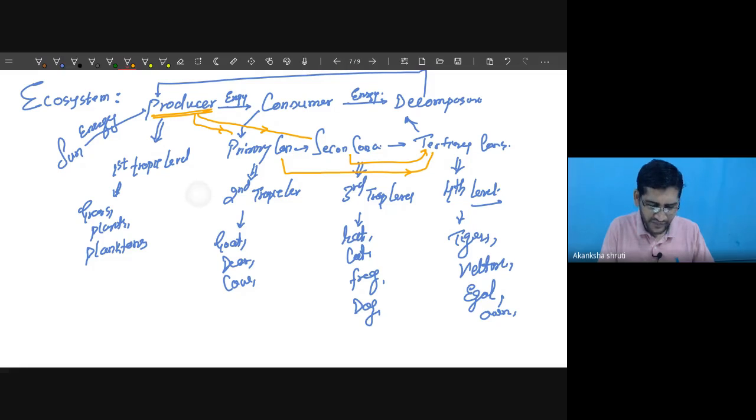So the tertiary consumer cannot take the food from the producer directly. Okay, so this is the other way of connection that you must keep in mind.